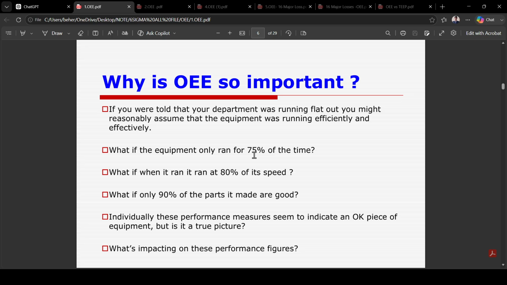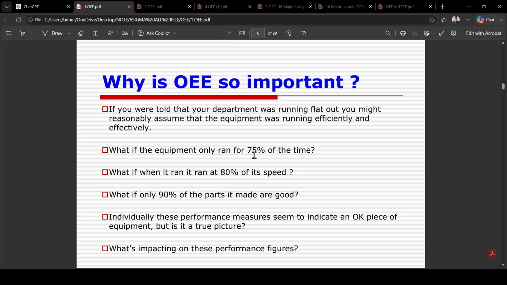If you were told that your department was running flat out, you might reasonably assume that the equipment was running efficiently and effectively. Then my question is: what if the equipment only ran for 75% of the time?